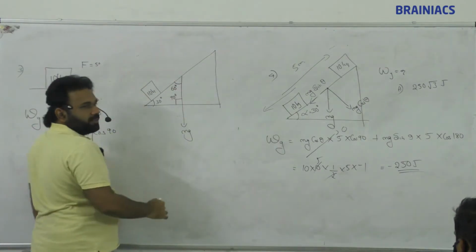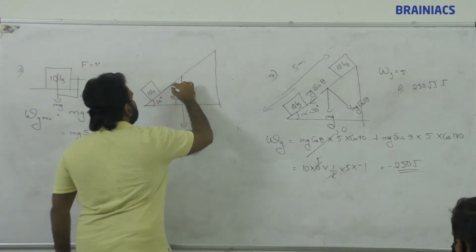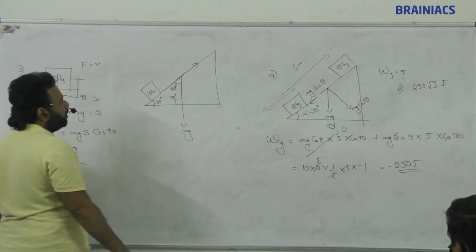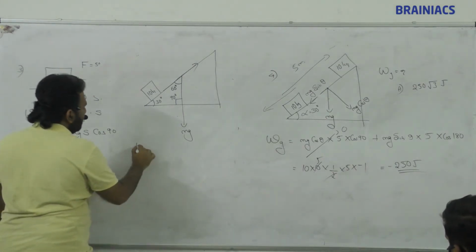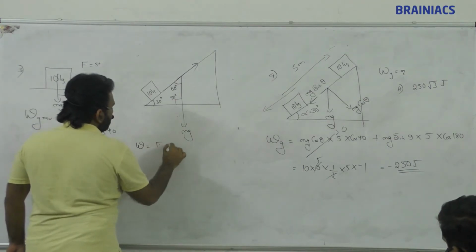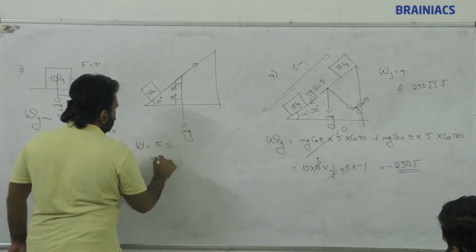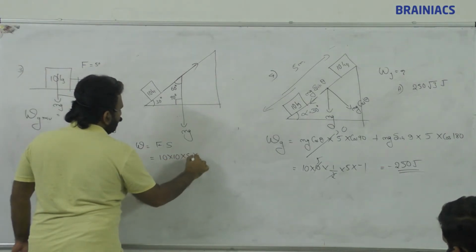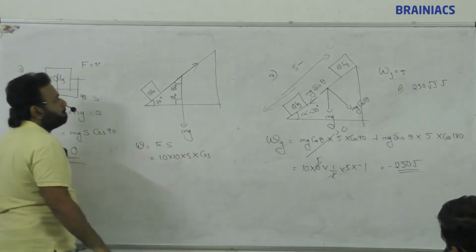mg is acting in this direction, this is the direction of displacement, correct or what? So what is the angle between them? Work is equal to F dot S. F is nothing but mg, so 10 into 10 into 5 into cos how much?